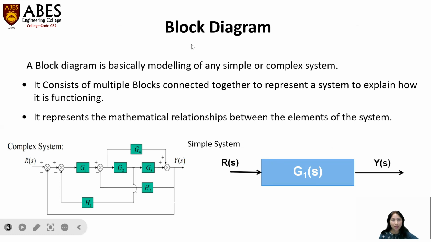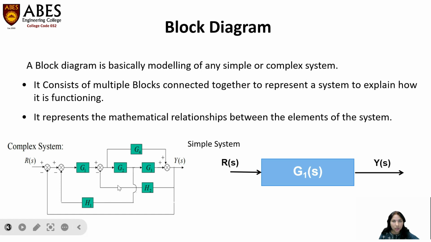Now let's understand what a block diagram is. A block diagram is basically a model of any simple or complex system. It consists of multiple blocks. On the left hand side, I have shown the complex system block diagram, which consists of multiple blocks connected together to represent a system and explain how it is functioning.